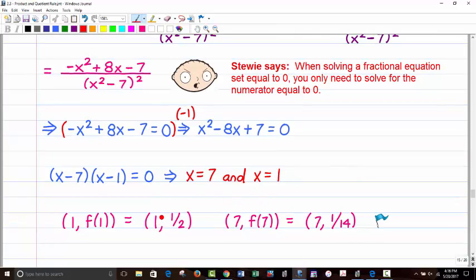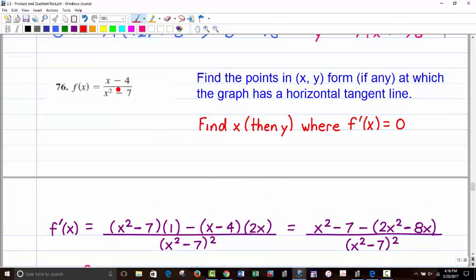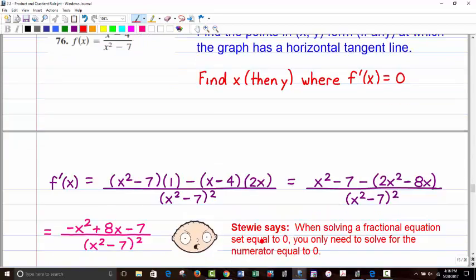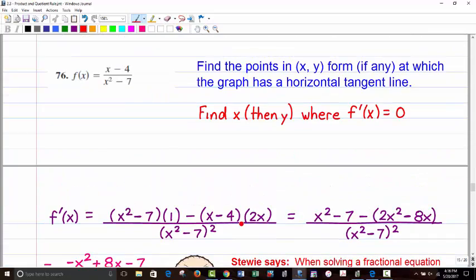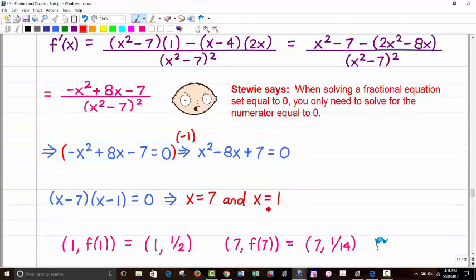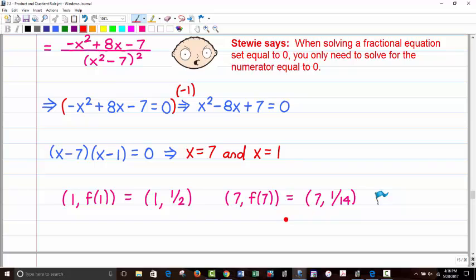But like I said, the problem's asking for the point. So if you plug 1 into the original function back up here, you're going to get 1/2, because you'll get negative 3 over negative 6. If you put in a 7, you'll get 3 over 42, which is 3 over 49 minus 7, so 1 over 14. If it's asking for the x only, then we would have been done with 1 and 7.